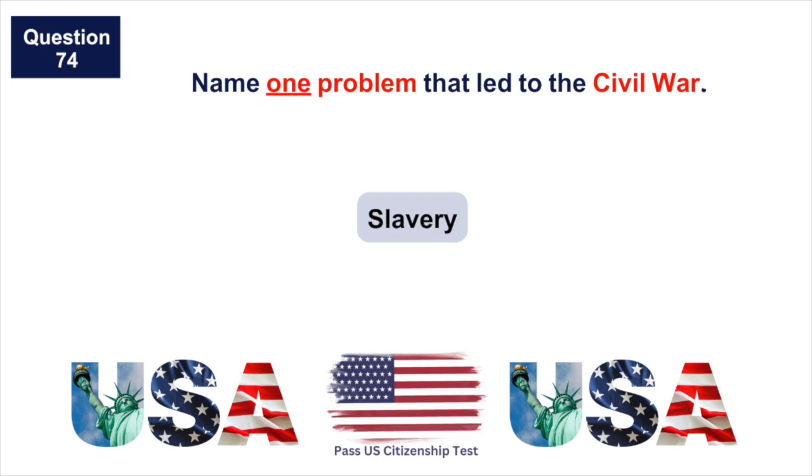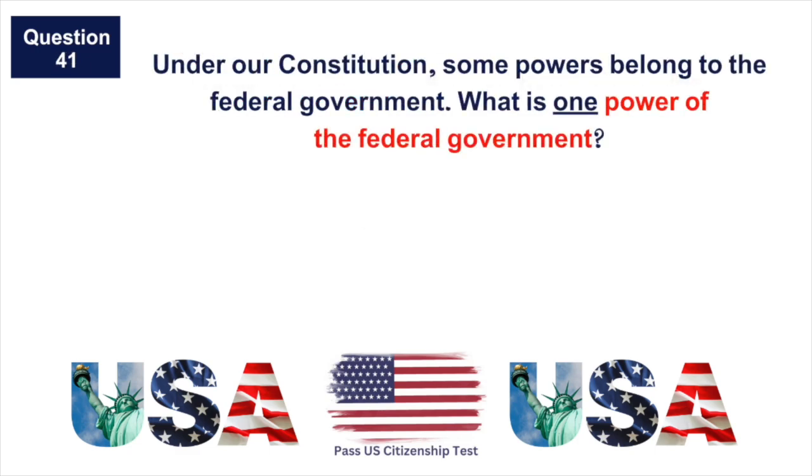Slavery. Under our Constitution, some powers belong to the federal government. What is one power of the federal government? To print money.